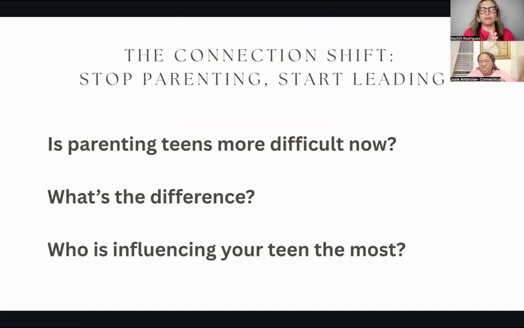Peers seem to have more influence than before now. Thank you for your feedback. It can be both, right? So yes, parenting seems to be more difficult now, just because the times have changed. The difference is the difference in generations, the difference of information that they have access to. They can compare themselves to other people. When we were growing up, maybe we didn't have the ability to compare ourselves to others, and now they do.